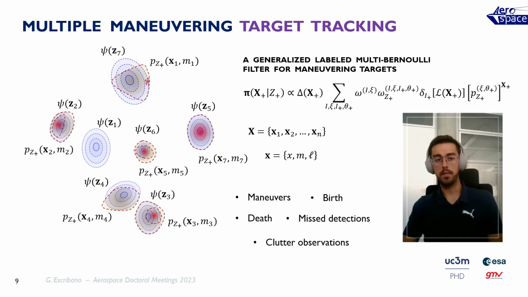We would then be left with an updated multi-object distribution that conveys information brought by a set of measurements. In fact, this class of advanced filters naturally allows for uncertainty regarding the cardinality of the population and the validity of the measurements themselves. This is, it accounts for target birth, death, misdetections, and clutter. And in this case, we also added maneuvers.